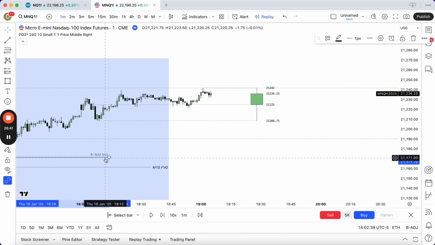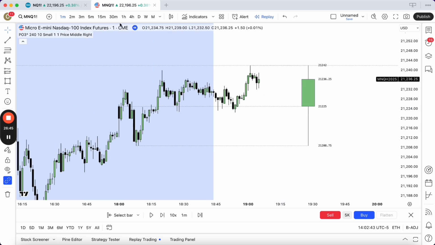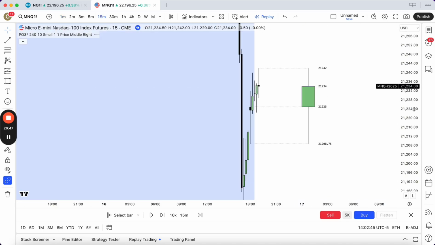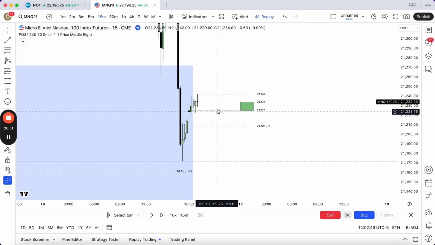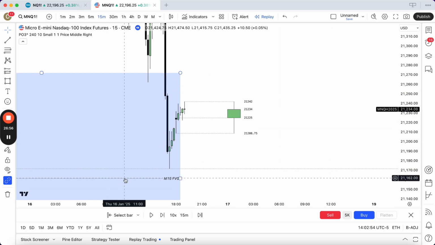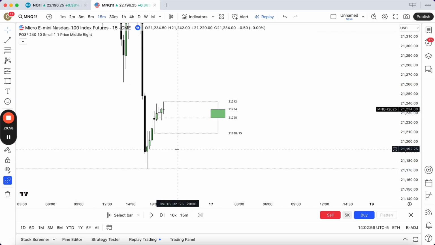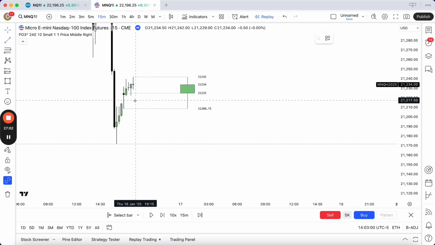So at this point, if price doesn't look like it's going to sweep these lows, I could use relative lows. On the 15-minute chart here, what do we have? We have this order block right here. So that's exactly what I would use instead of this big fair value gap. I would use this little order block.